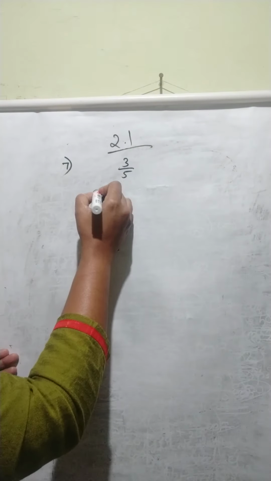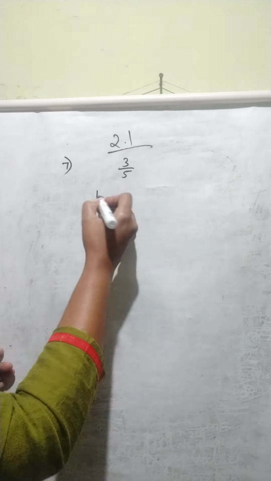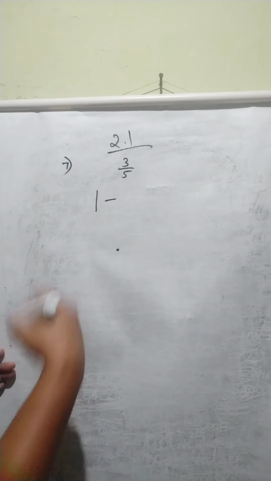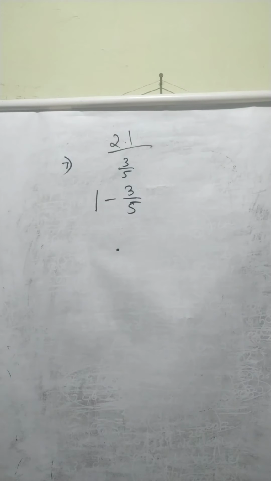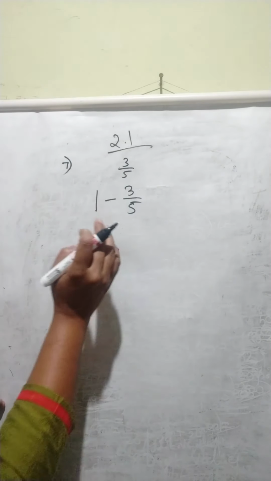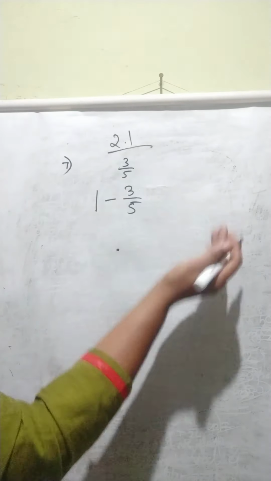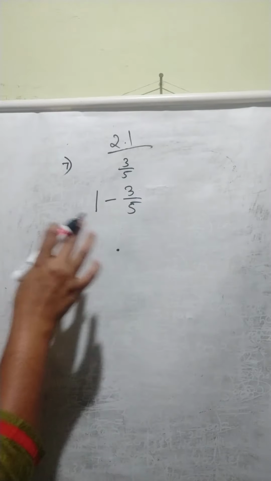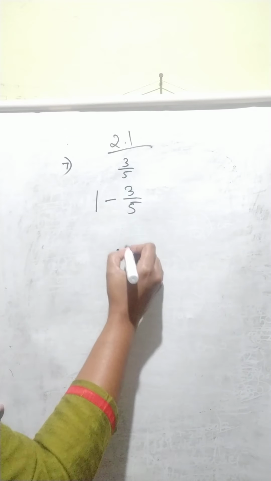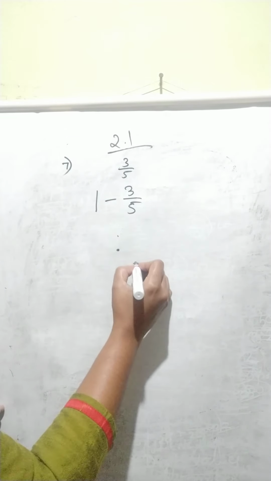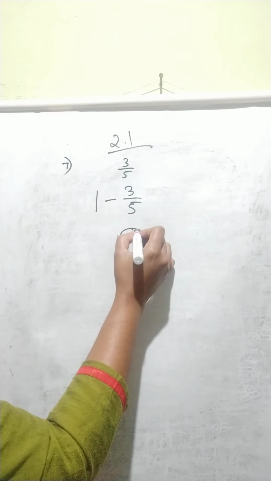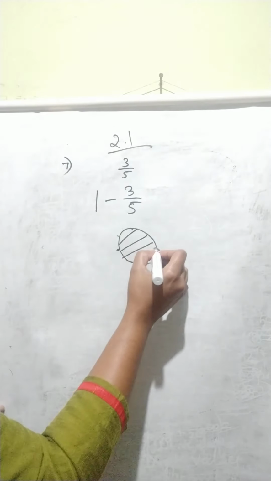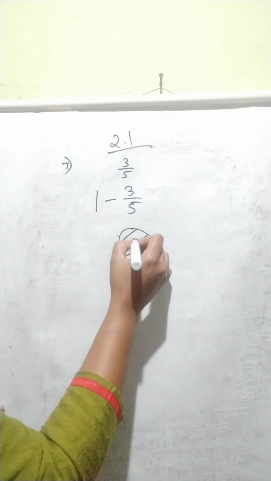That means there was one apple. From this apple, Ritu got 3/5 part of it. So here an apple is cut into 5 pieces. 1, 2, 3, 4, 5.